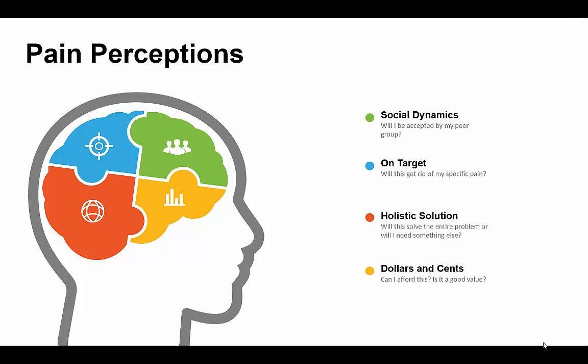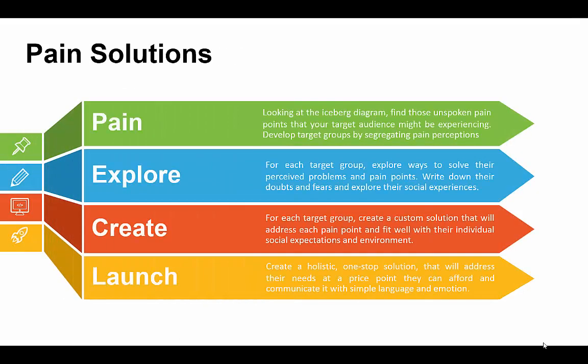So you've got to come in and say, look at that social dynamic, that specific pain, create an all-in-one solution, and something that's affordable. So let's look at some pain solutions here. Thinking back to the iceberg diagram, let's go in and find those unspoken pain points that your target audience might be experiencing.